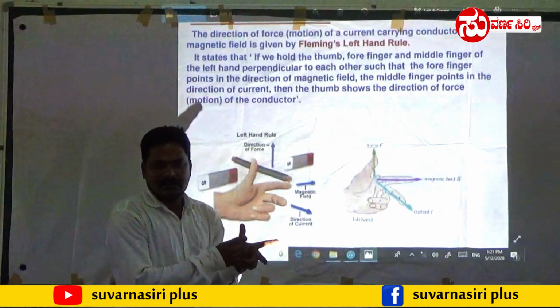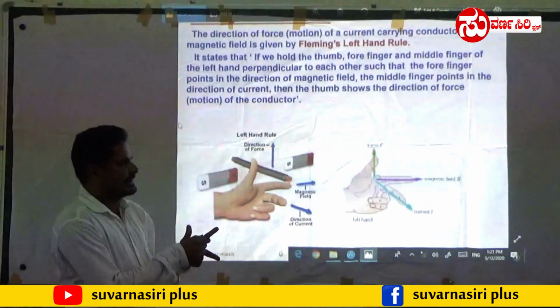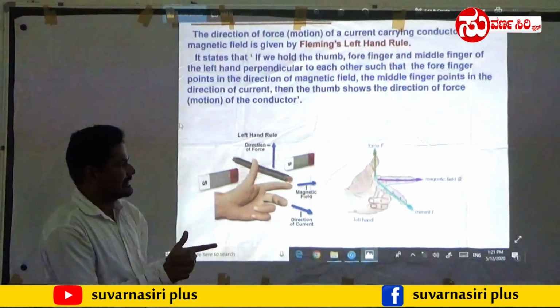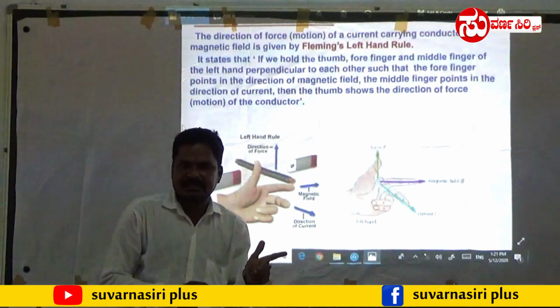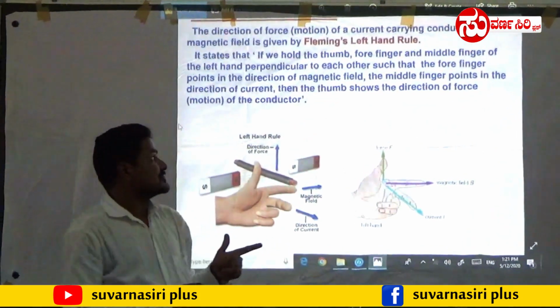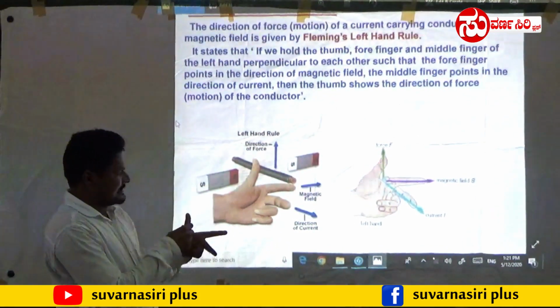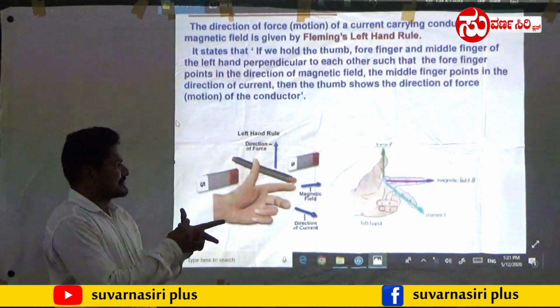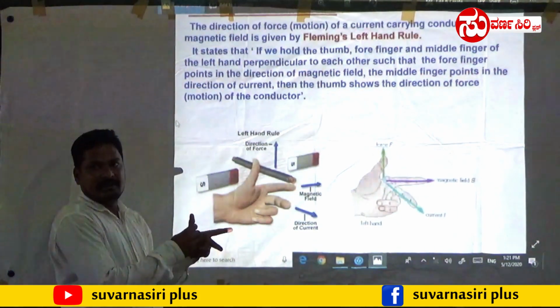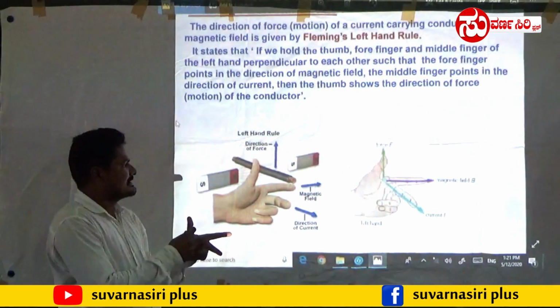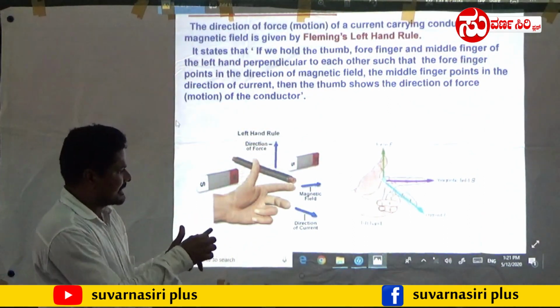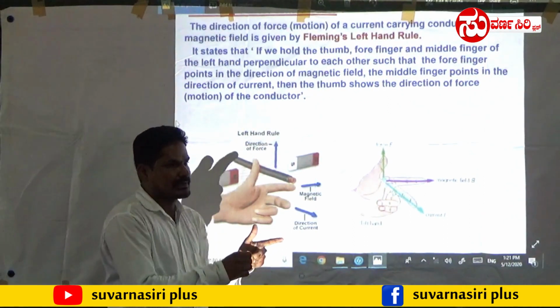This is the thumb, this is the forefinger, and this is the middle finger. Using these three fingers, we can show the direction of force, the magnetic field, and the induced current.